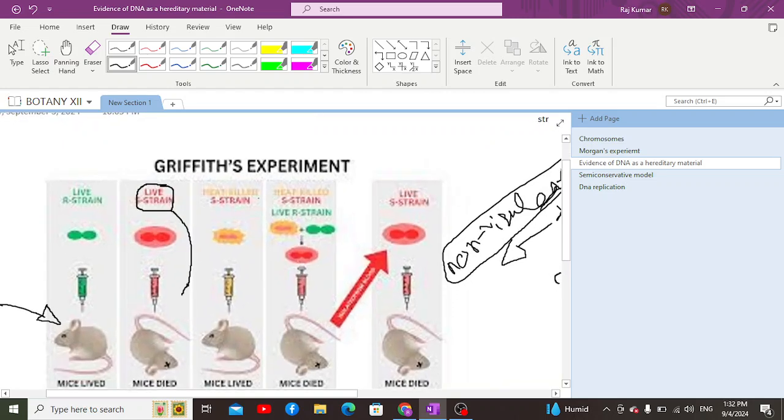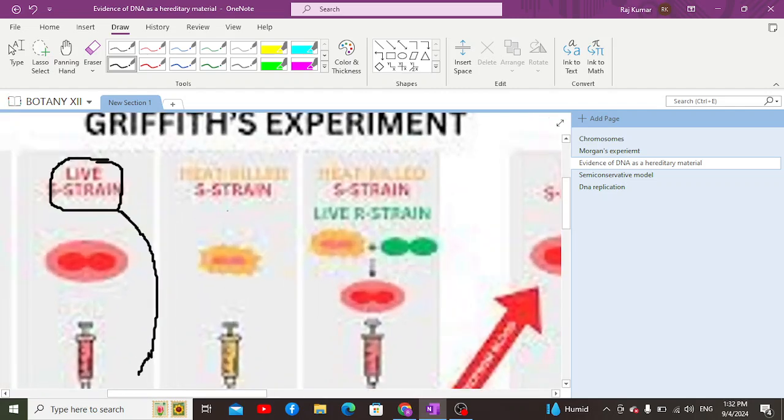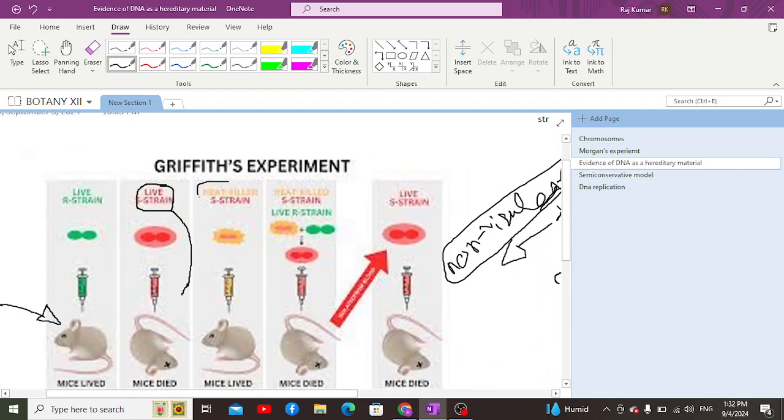Now, in order to confirm whether there is any sort of hereditary material which can be transferred from one strain to another, in the next experiment he utilized a heat-killed S strain. When the heat-killed S strain was injected, the mouse remained alive, because the internal structure, the protoplasm of the S strain Streptococcus pneumoniae, was killed.